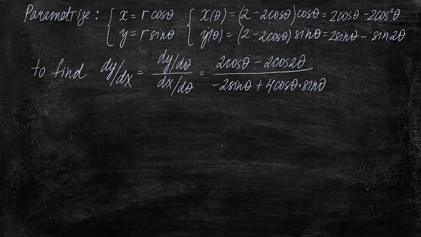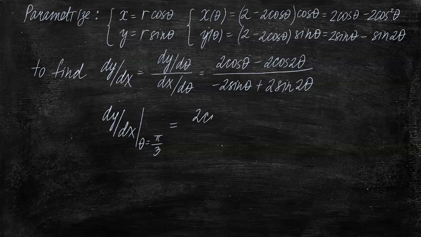And using the trigonometric identities, I can rewrite this denominator as 2 sine 2 theta, and we now have to evaluate it when theta is equal to pi over 3.